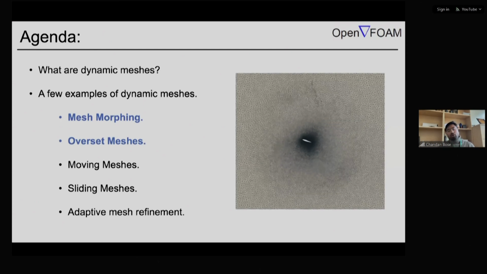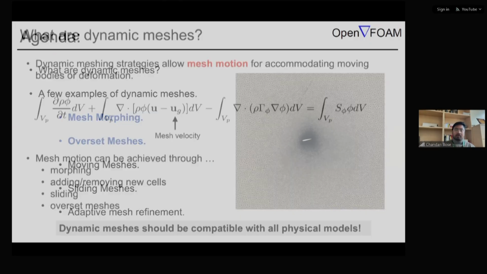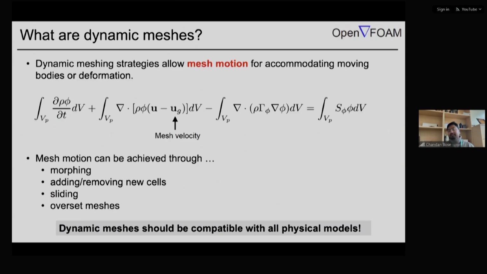Among all these different algorithms, I would mostly focus on two majorly. One is mesh morphing, another is overset meshes. But I will give you a glimpse of other types of dynamic meshing techniques such as moving meshes, sliding meshes, and adaptive mesh refinement.